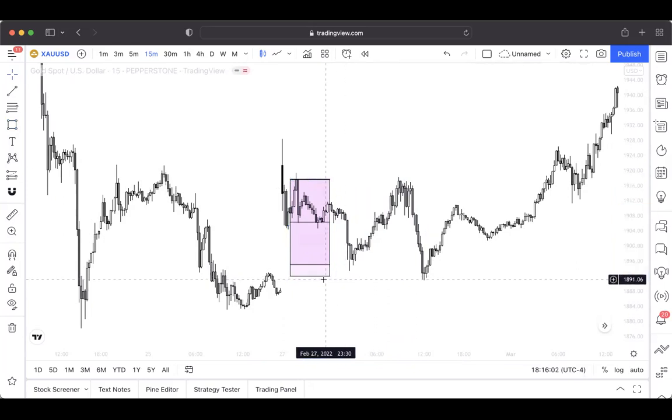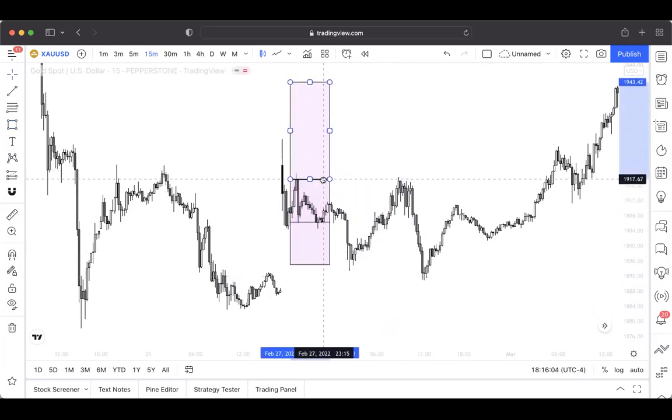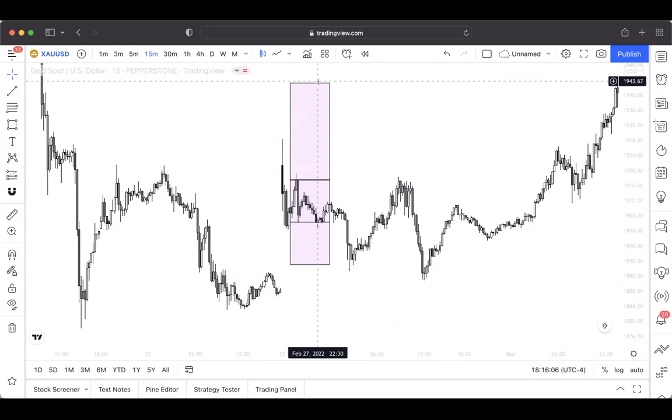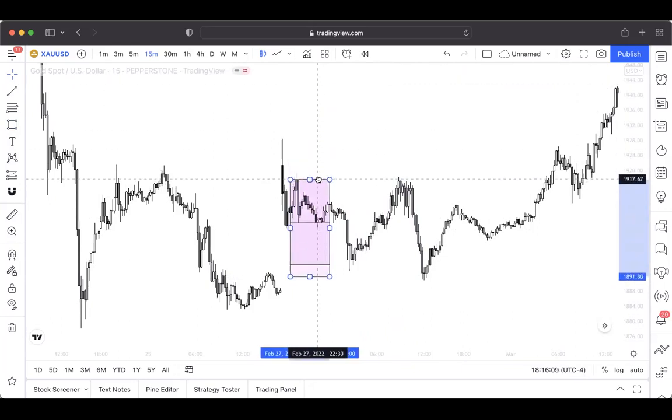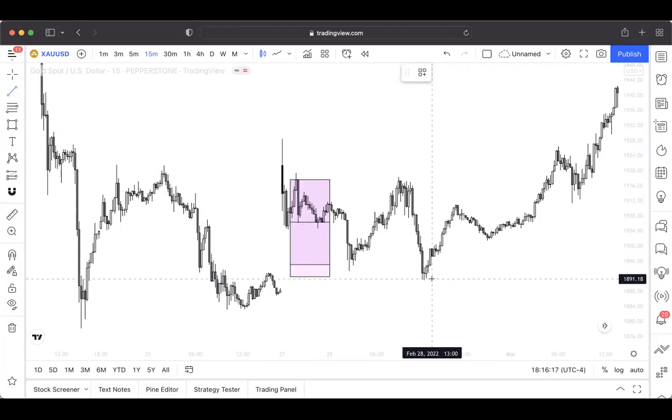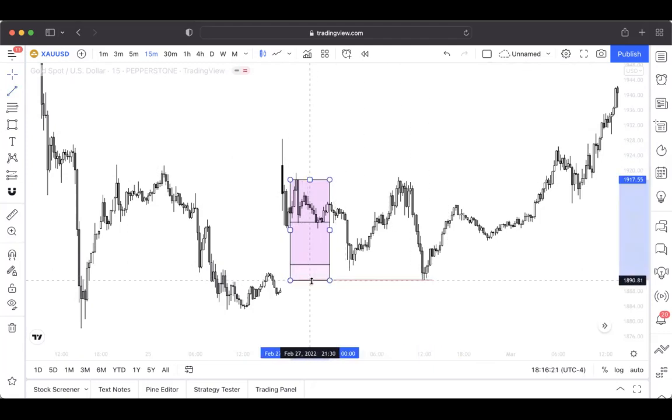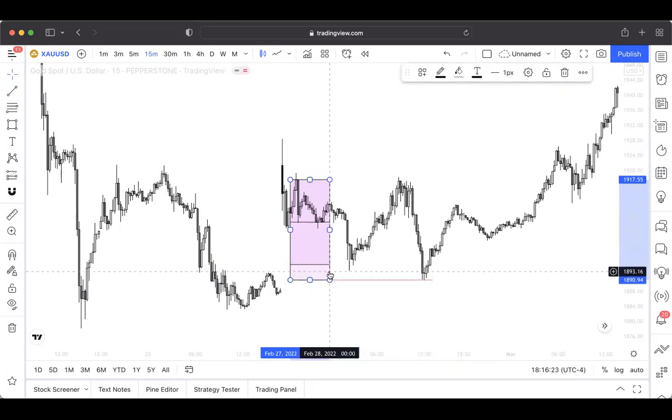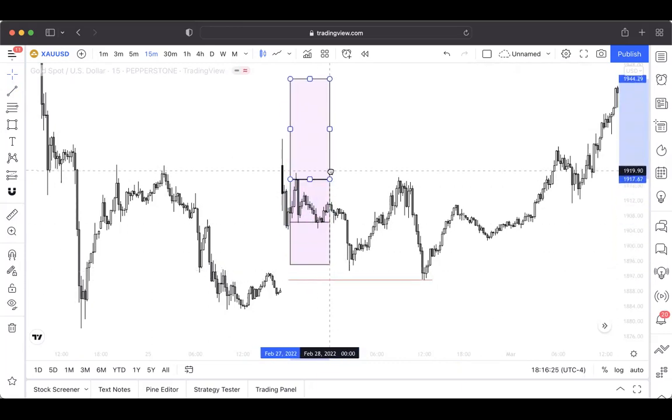That's what you want to use, to be honest, and that's how you use it. But here on the top, I'm still using the body, not the wick. Body, see that? And on the bottom, now you would be using this right there. So then you're going to use the wicks. So that's the correct way.